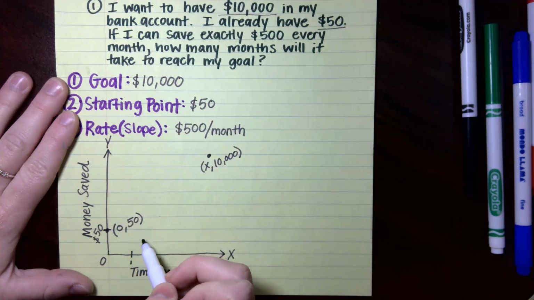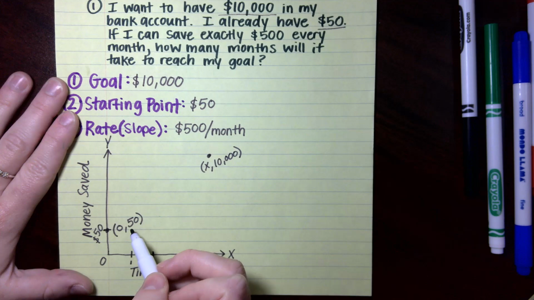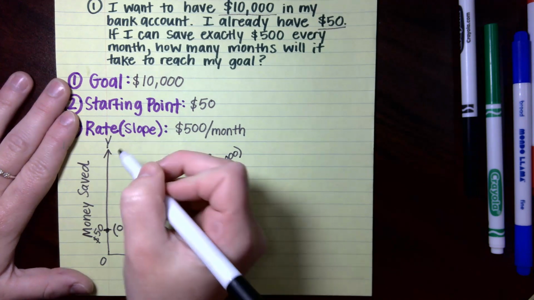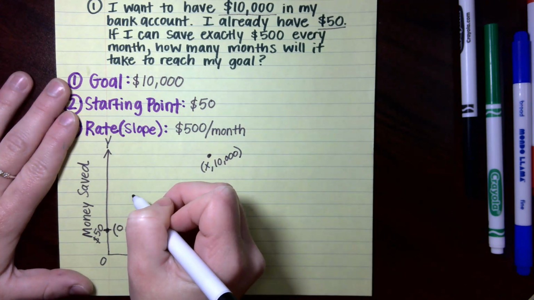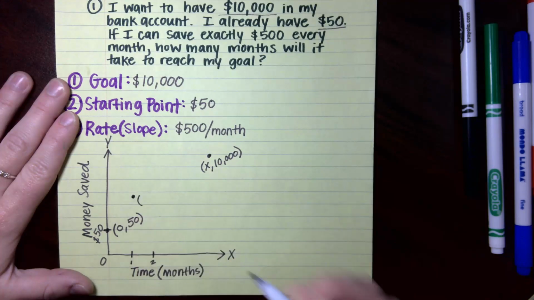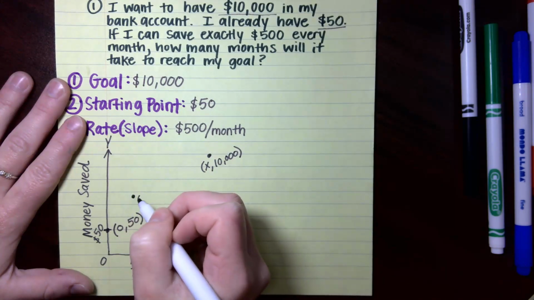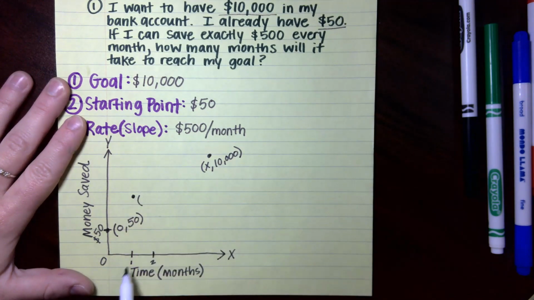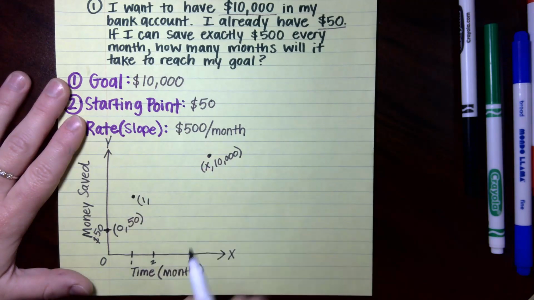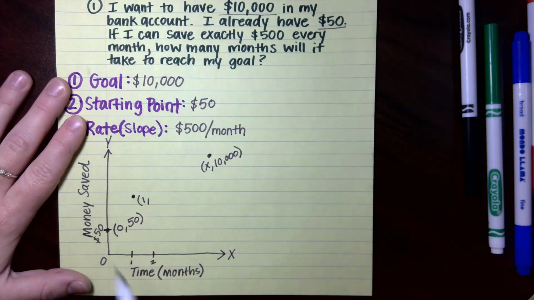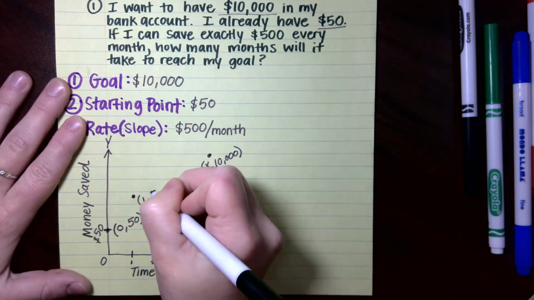At 1 month, I'm going to have $500 more than that. How much money do I have after 1 month? $550. So again, it doesn't have to be accurate. I'm just going to make a little point. My point is going to be x is 1 month, and my y is 550.